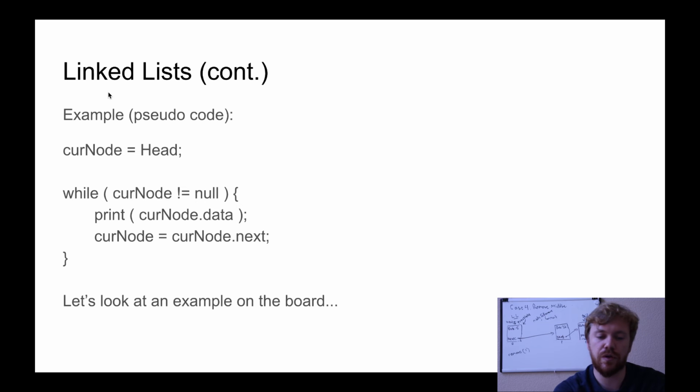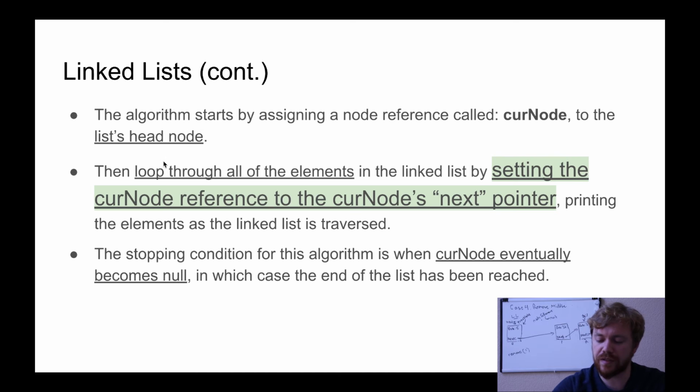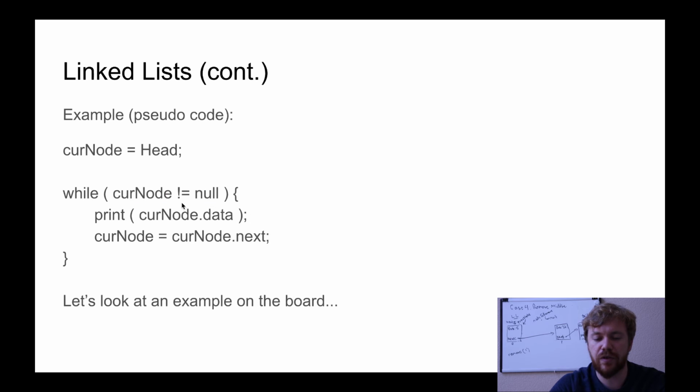And so here's the pseudocode. I have my current node, and I set it equal to the head. I have a while loop, and if you remember, the stopping condition is when the current node eventually becomes null. And so that's what this is right here. While the current node is not null, print the current node's data.